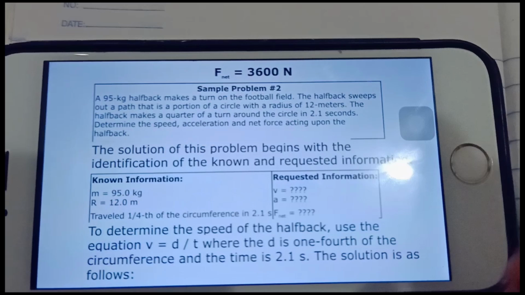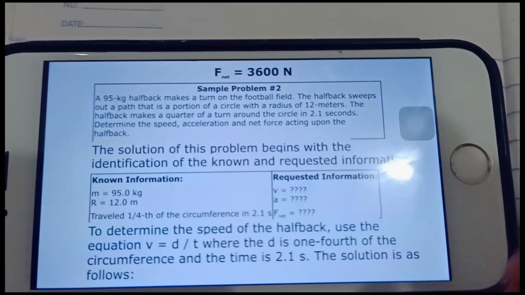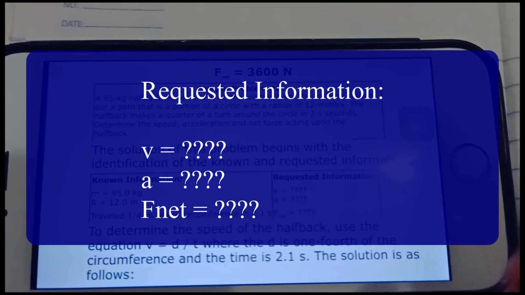The solution of this problem begins with the identification of known and requested information. The known information is the mass and the r. So mass is equal to 95 kilograms and r is equal to 12 meters, the radius. The requested information are the speed, acceleration, and the net force.